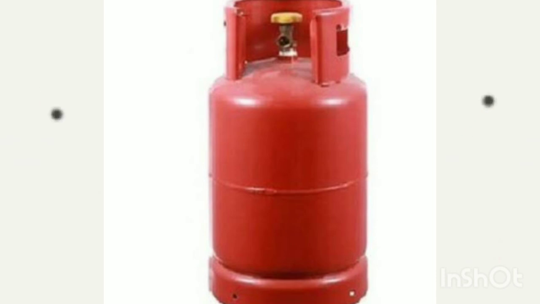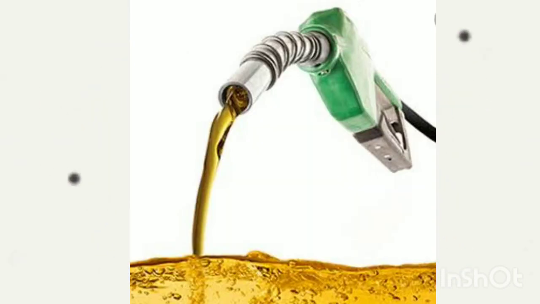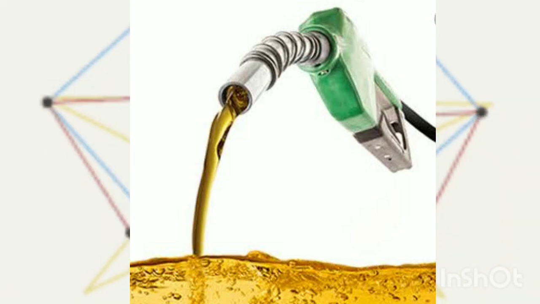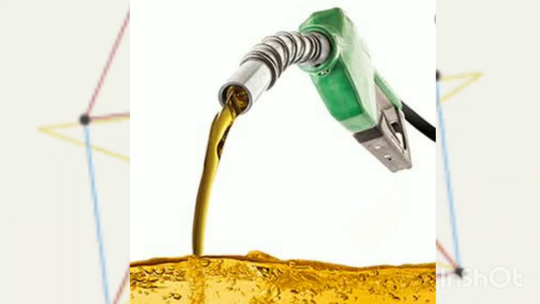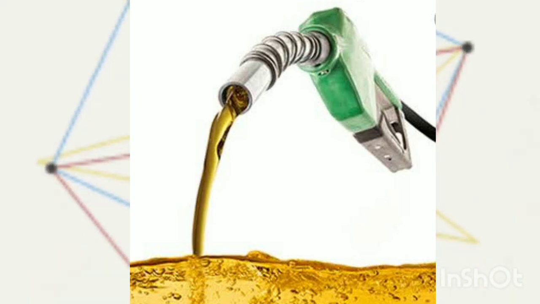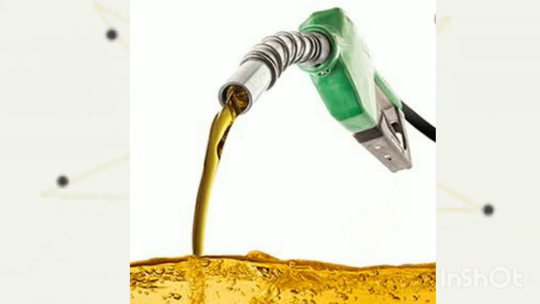And the next one is petrol and diesel. Petrol and diesel are used in automobiles. Their main disadvantage is that when they are burned, they produce some smoke or harmful gases that are released into the atmosphere.